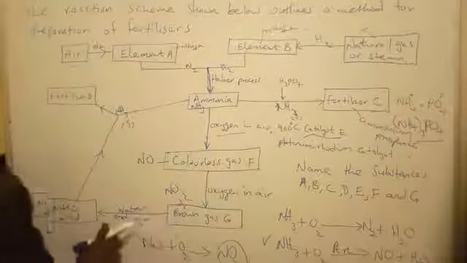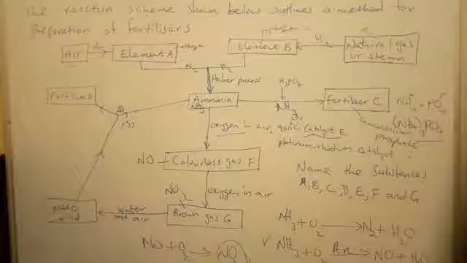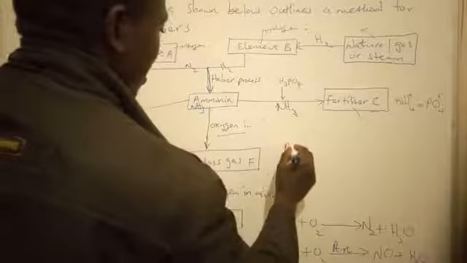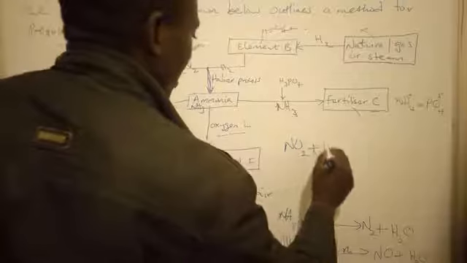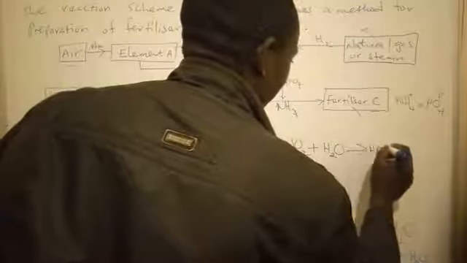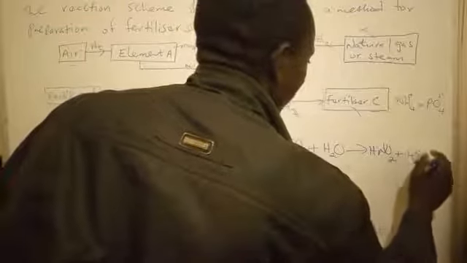When you add NO2, we are adding water in the presence of air. The next thing we form is this. When nitrogen 4 oxide gas is bubbled in water, you get nitric 3 acid and nitric 5 acid. Nitric 3 acid is very unstable.